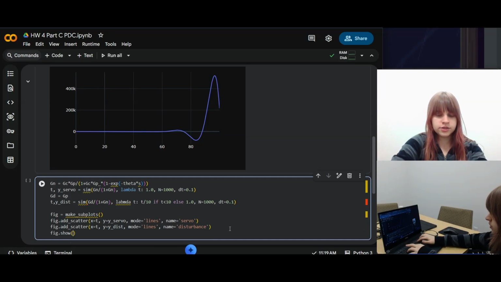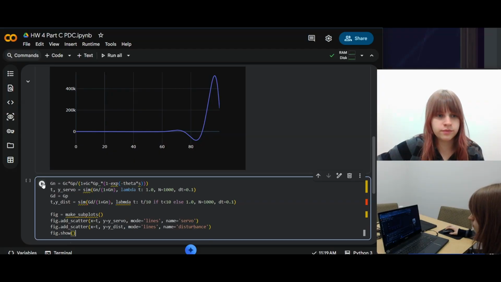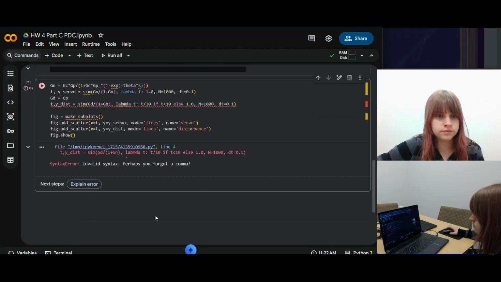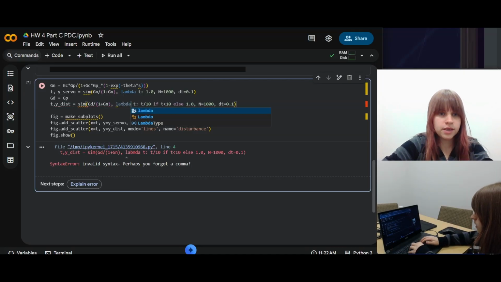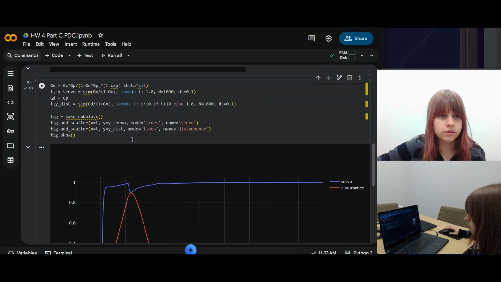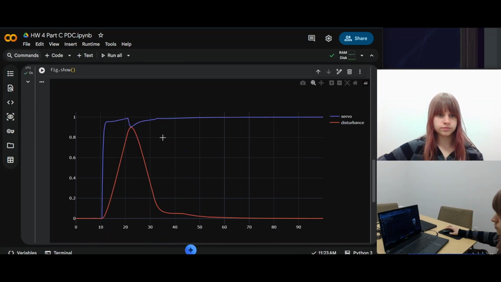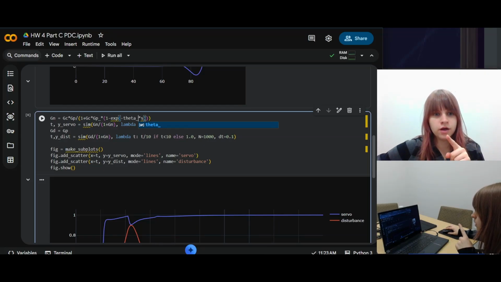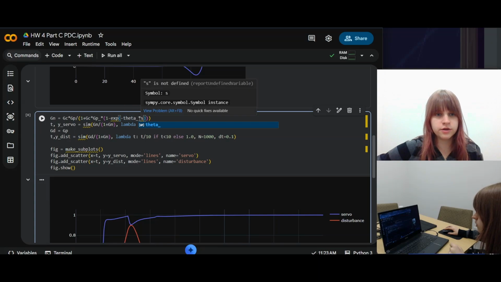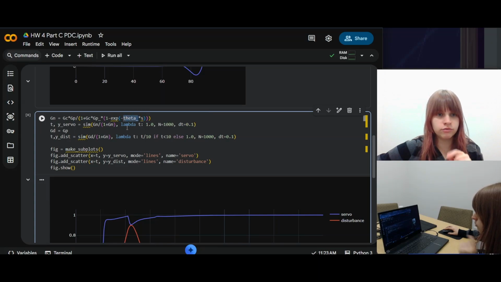And we want to show that figure. And I spelled lambda wrong, so. And this theta is supposed to be the Smith predictor theta, so I had that wrong.